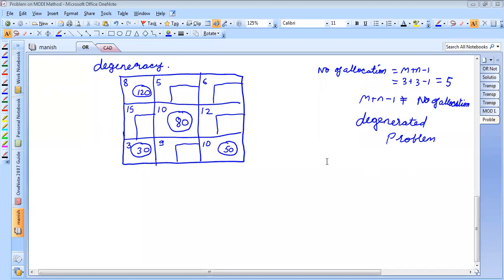Yes, sir. 308. What is degeneracy, Kanna? Kanna, what is degeneracy? What do you understand by degeneracy? Kanna, please unmute yourself. What do you understand by degeneracy?